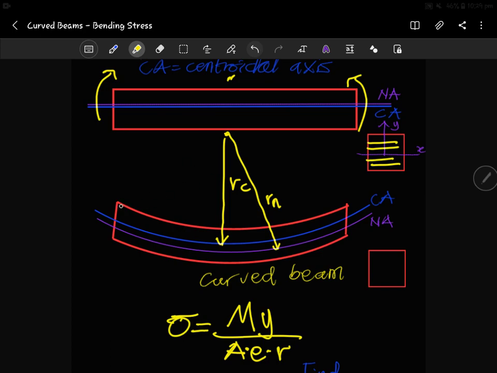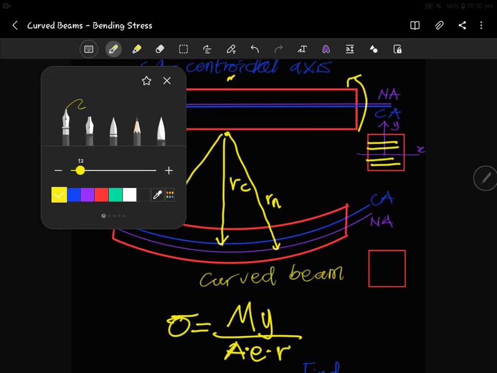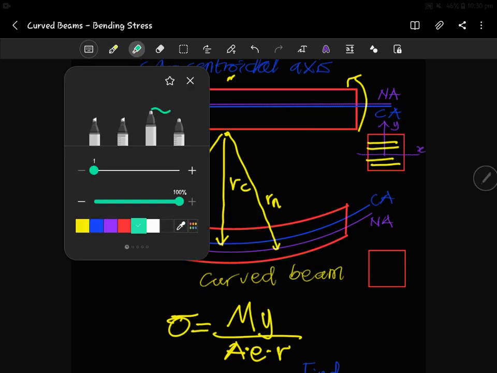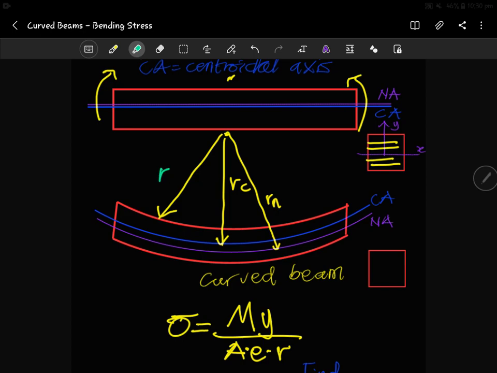And then if the one in red is the beam, the very first fiber of the beam that we meet, the first part, we say the inner fiber, right? For that particular one, this one here, we call it Ri.